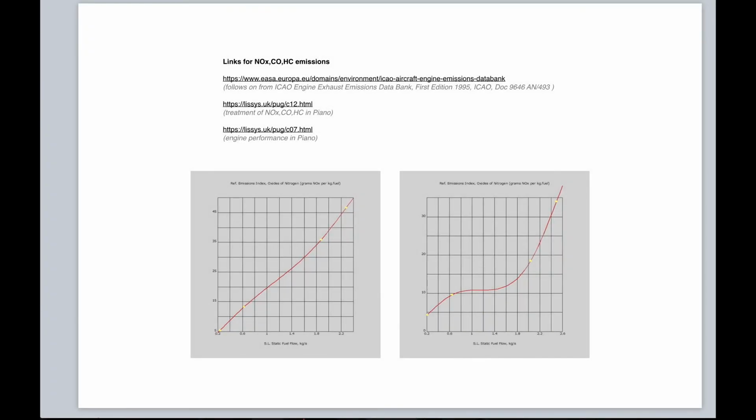Recall that direct CO2 emissions are simply proportional to fuel burn. Every gram of aviation fuel that we burn produces around 3.16 grams of carbon dioxide. This does not apply to pollutants other than CO2. There exists an ICAO engine emissions data bank in the public domain that gets updated occasionally by EASA, and it gives emissions of nitrogen oxides, carbon monoxide and unburned hydrocarbons.